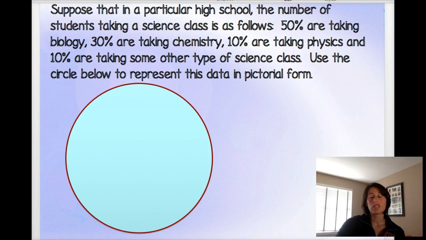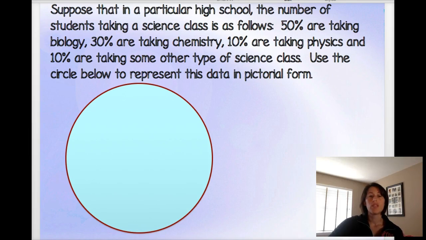So I want you guys to make, in your notes, you're going to make a pie chart, and then we'll talk about it when we get to class. So you are going to take this chart and you are going to denote the following information. In a particular high school, the number of students taking a science class is as follows. 50% are taking biology because that's the best class you could take, duh. 30% are taking chemistry, 10% are taking physics, and 10% are taking some other type of science class.